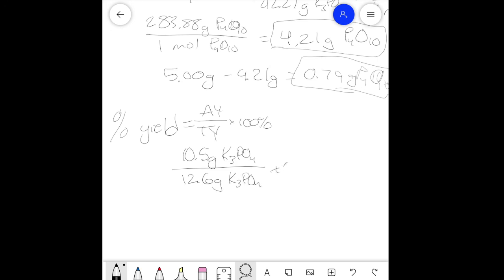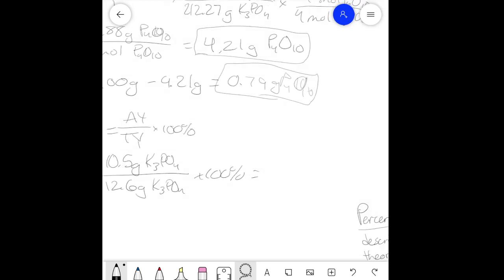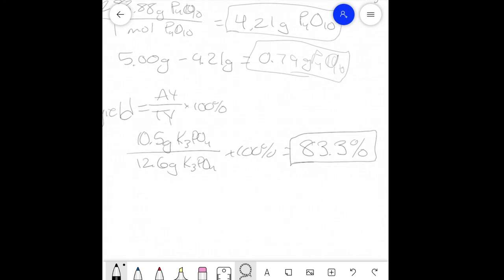So we will put this in the calculator, round to the correct sig figs, and find out that it was 83.3%, which is not bad.